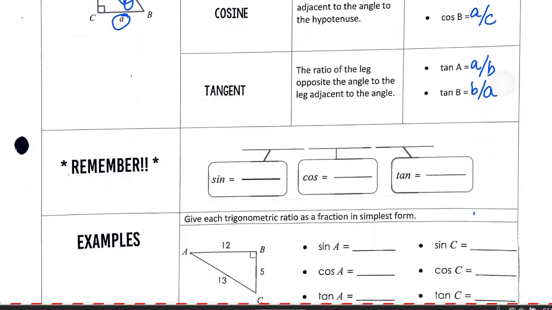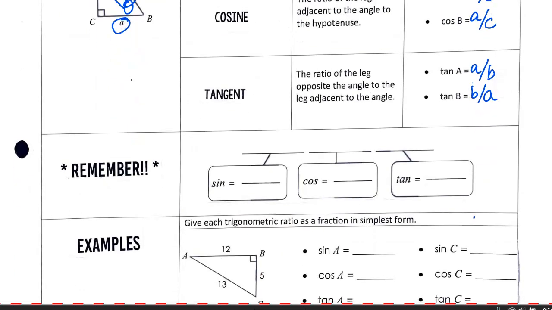Okay, so this is the most important thing to remember for remembering these ratios, and it is SOHCAHTOA. We write it SOHCAHTOA. I know it doesn't really make a whole lot of sense right now, but it will make sense when you're trying to solve these problems.